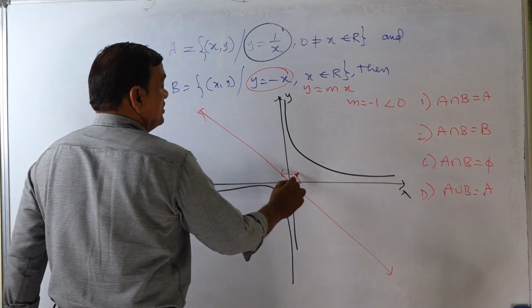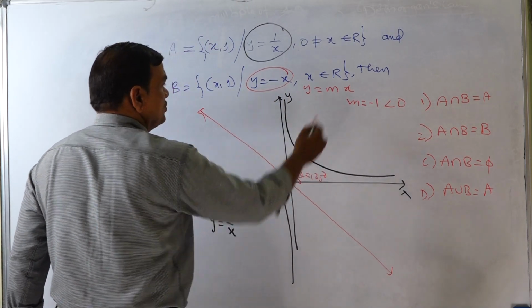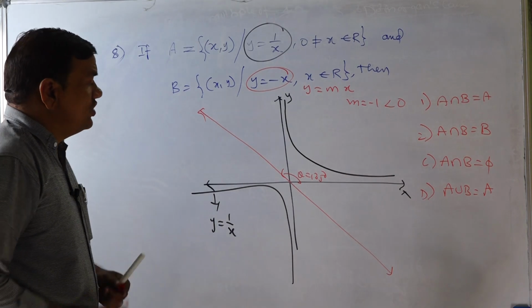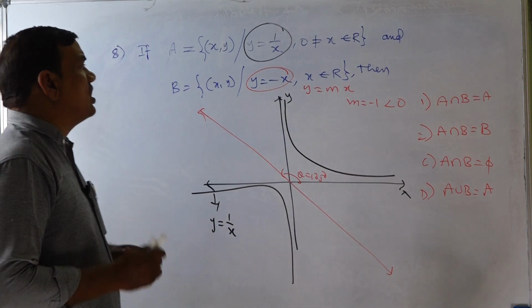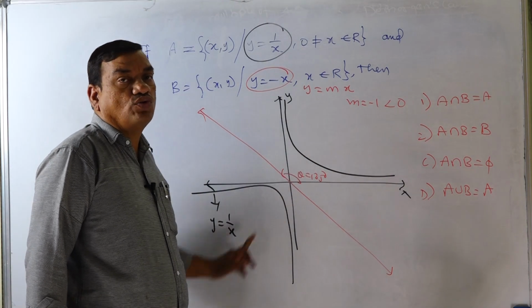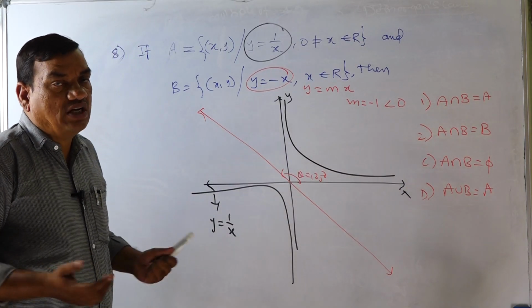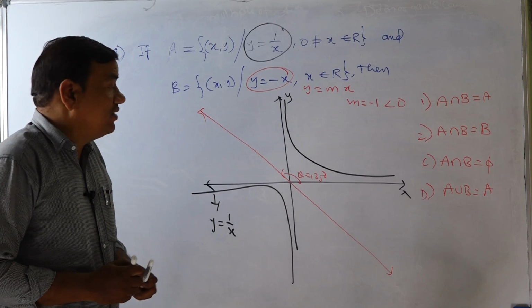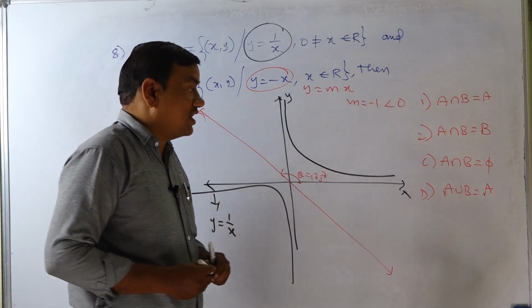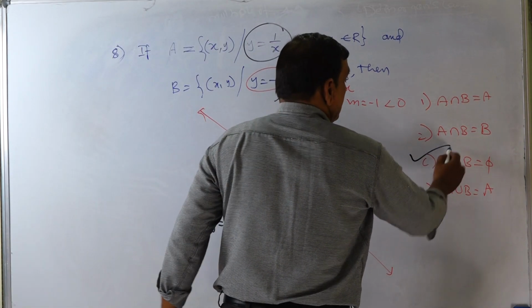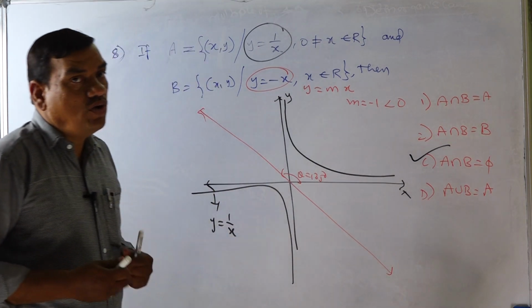So theta is equal to 135 degrees, so tan theta is minus 1. So if you observe, is there any chance of intersecting these two curves? No. That means there won't be any common element for both the curves. Therefore, your answer is A intersection B is equal to null set.